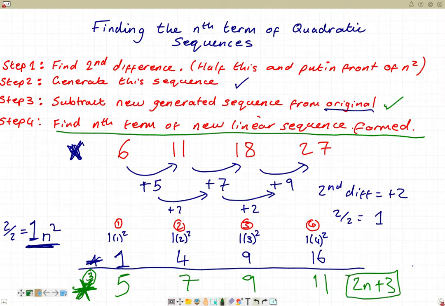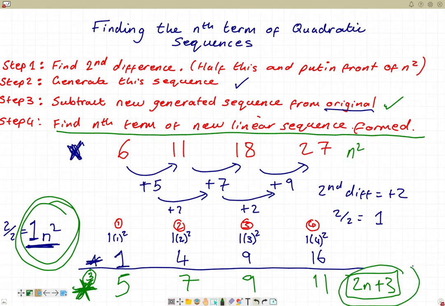That is the nth term of that sequence. Now I've done all the steps, I just put all my nth terms together. So the nth term of this sequence is 1n squared, or n squared, plus 2n plus 3. Now guys, copy that down, go through it again, and I'm going to go through one more example.